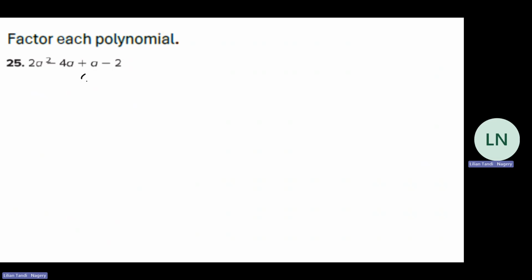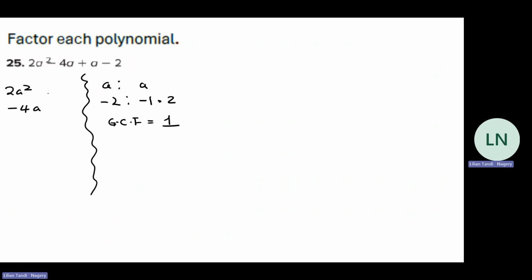Okay, let us do this. A minus 2. This is A. This is negative 1 times 2. There is no greatest common factor. So because there's no greatest common factor, it is 1. Now let's do 2a squared minus 4a.